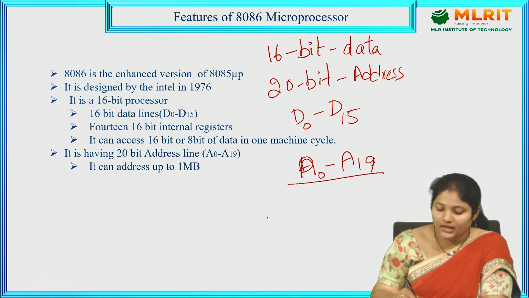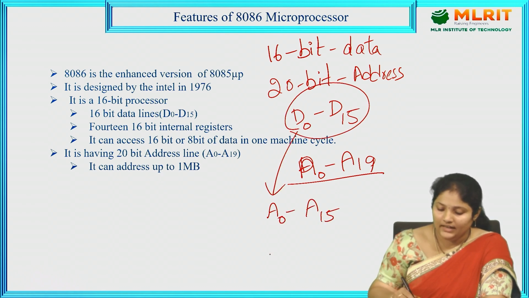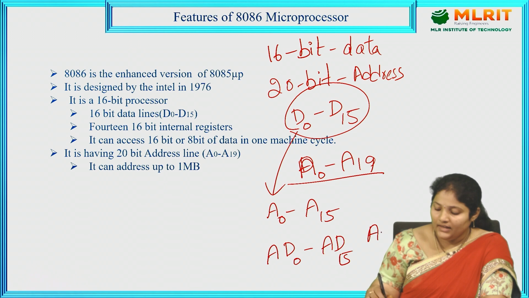Out of A0 to A19, A0 to A15 are multiplexed with the data lines, which become AD0 to AD15. The remaining 4 address lines are A16 to A19.